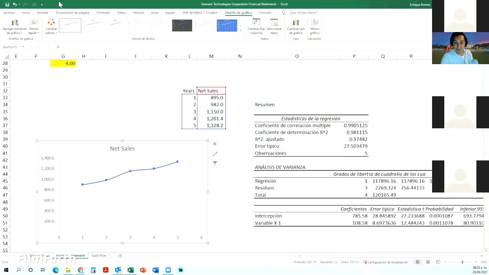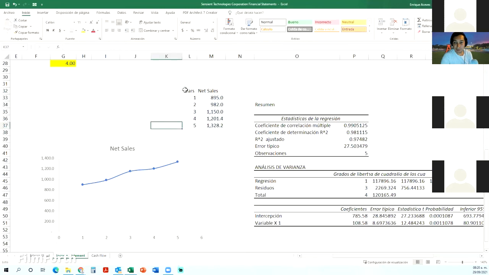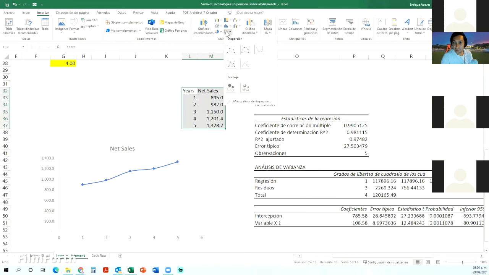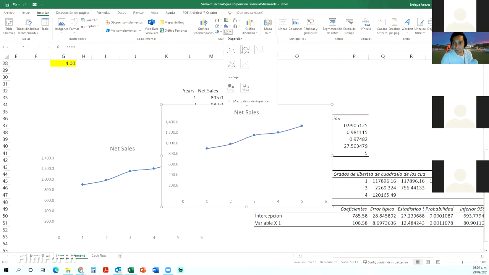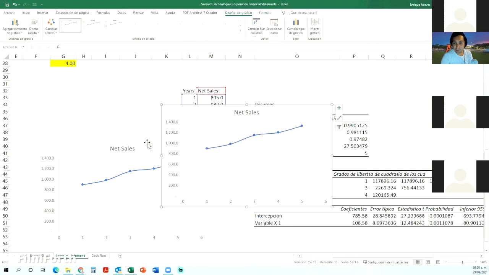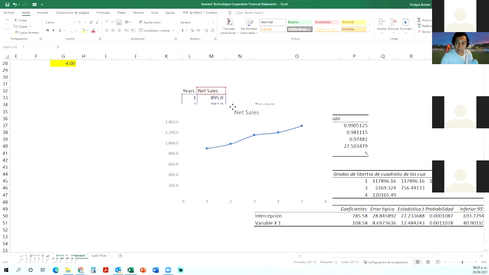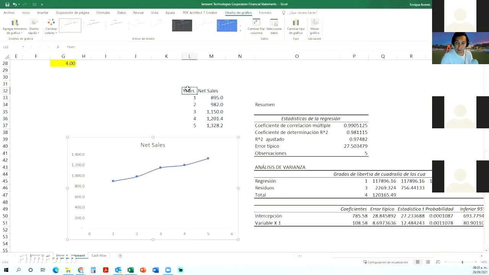So please create a chart. Let me see, it's a line chart. Wait, insert. No, it's a dispersion chart. You just have to select all the data from this table.